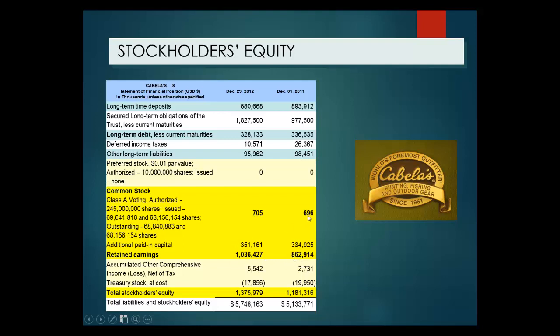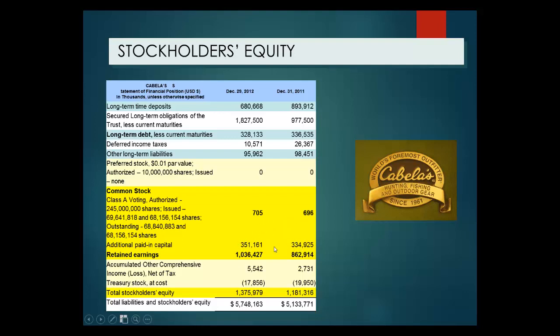So the stock account, common stock, went from 696 to 705, and then we have this other account, additional paid-in capital. Again, you're going to learn about that in Accounting 202, but the short answer is when the company originally sold stock, this is the additional amount that the stockholders paid above par value.